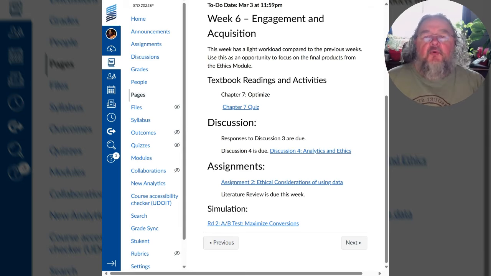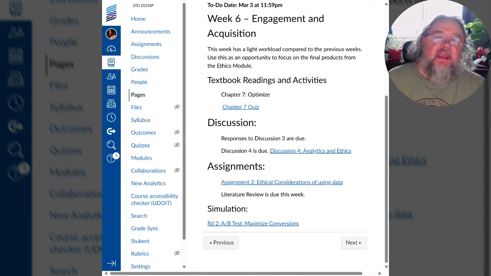My goal for you is to understand the process of doing A/B testing. What that process does is you put something out there, you gather data about it, and then you use that data to inform the decisions that you make. As you go through these simulations, you're going to experience different simulations that are trying to accomplish different goals, but still using that A/B testing process to do it.